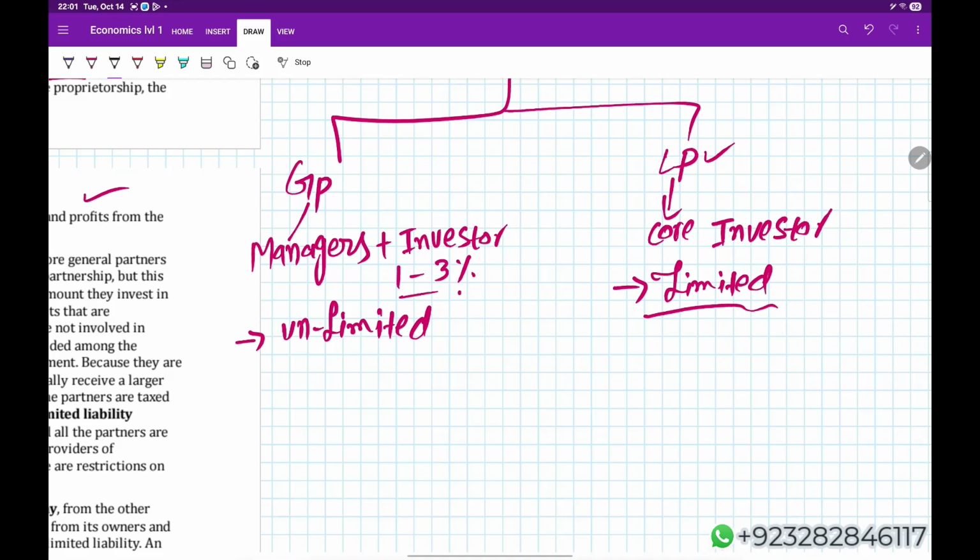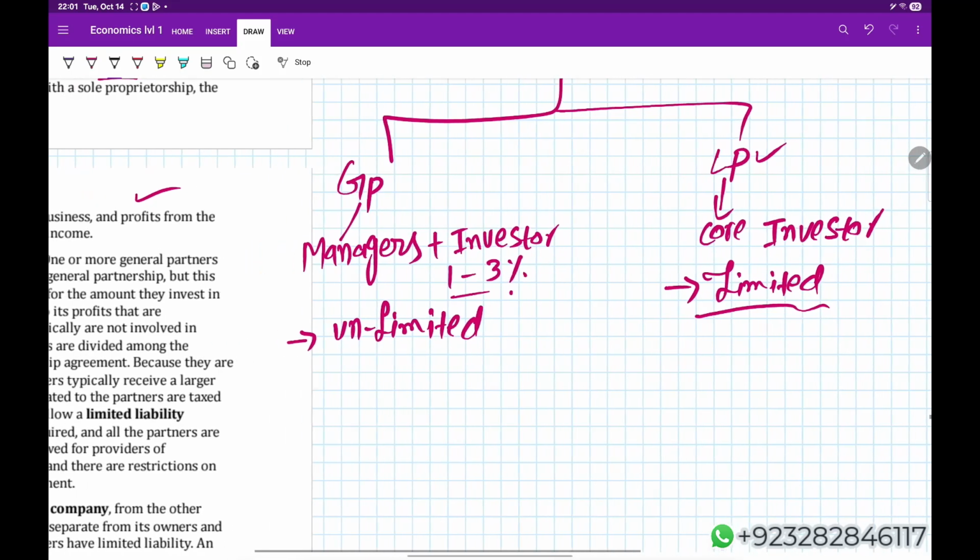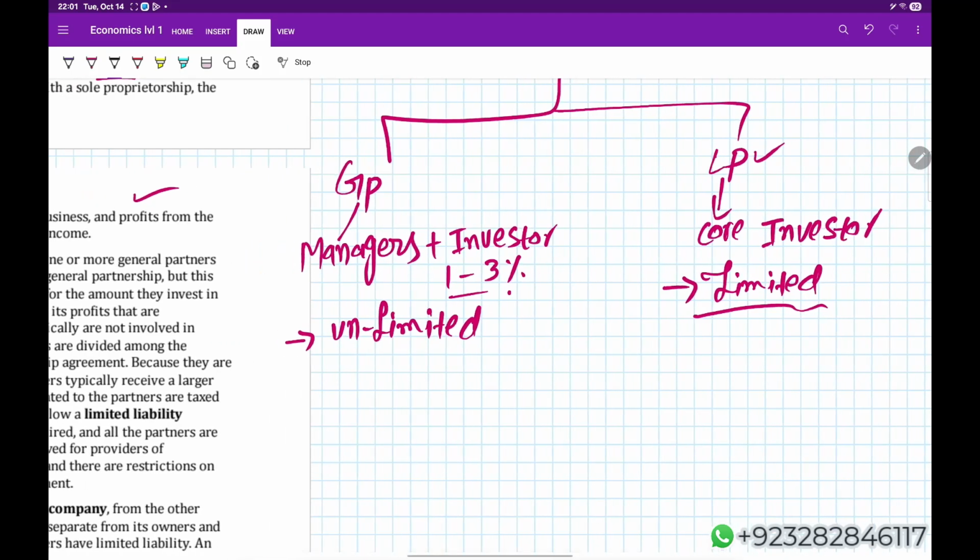If the business defaults, or does not have sufficient cash flows to pay back the loans and service the debt, then they are fully responsible, right? So we can say that general partners can demand a higher share of profit compared to the limited partners, but that is just from this corporate issuer perspective.